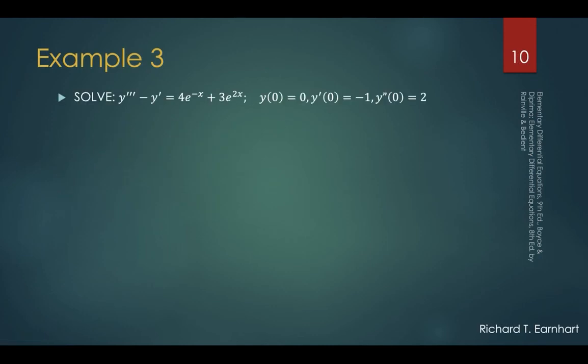Let's consider this third order differential equation, but this time this is an initial value problem. The initial conditions are given. So let's see how we get the particular solution.